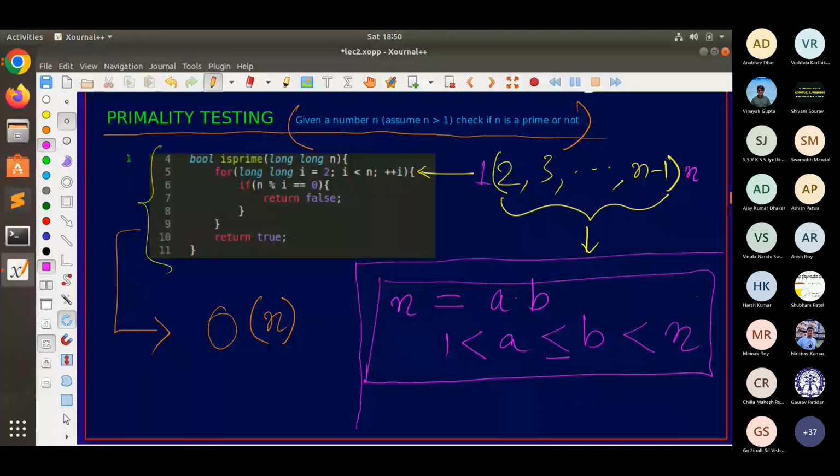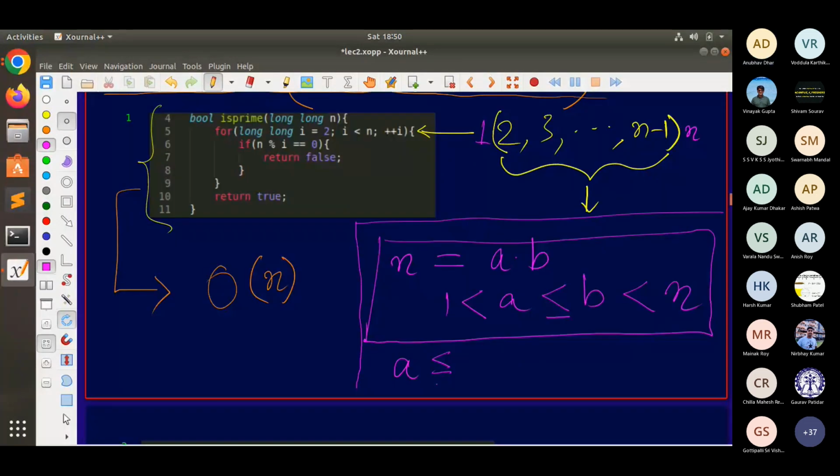Everyone agrees, right? Yes. Is a actually less than square root of n? That's right. The normal math way. So can anyone see why? Root n into root n is n.